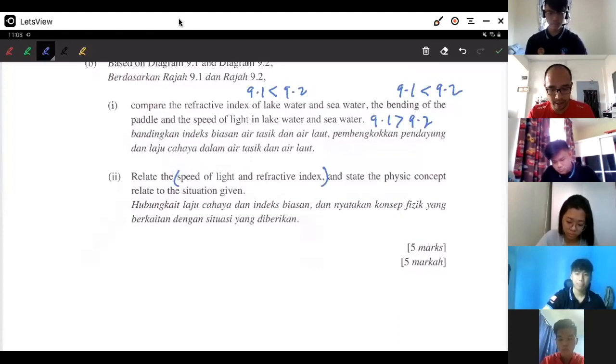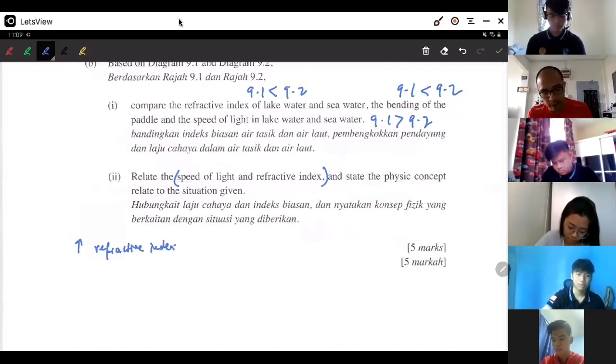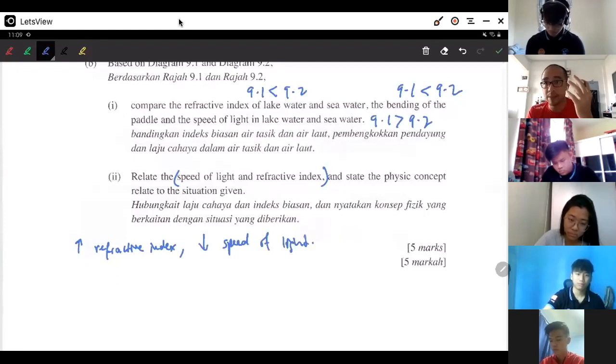Or the reverse? Okay, so the bigger the refractive index, the smaller the speed of light. Because the refractive index will affect the speed of light. The refractive index is the one that doesn't change, so that one must come first. So the bigger the refractive index, the smaller the speed of light.